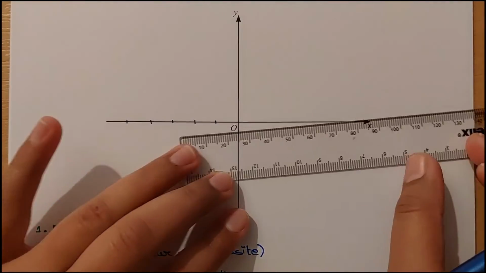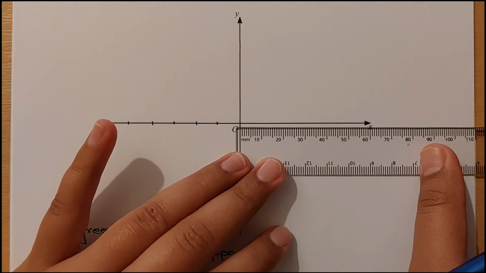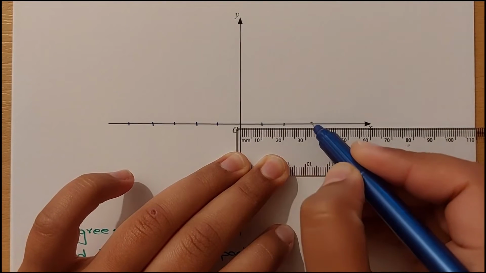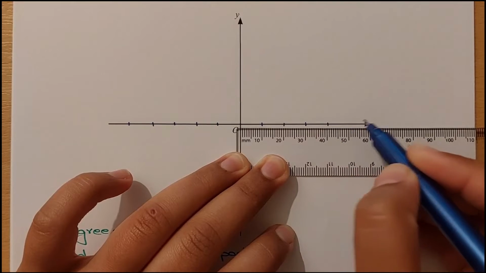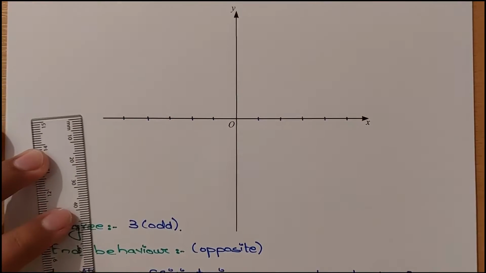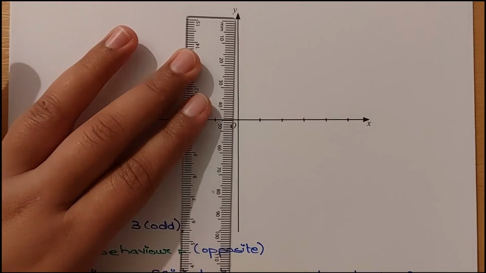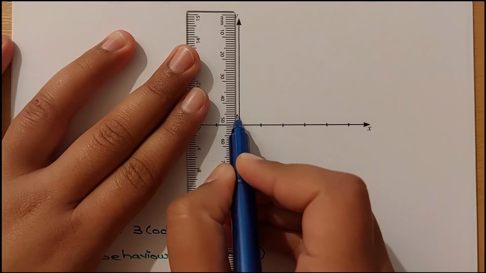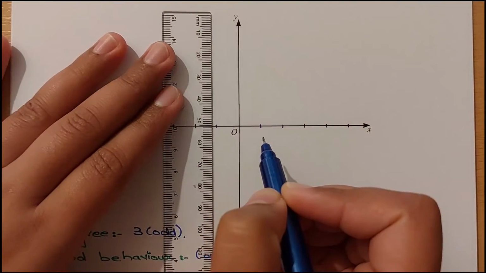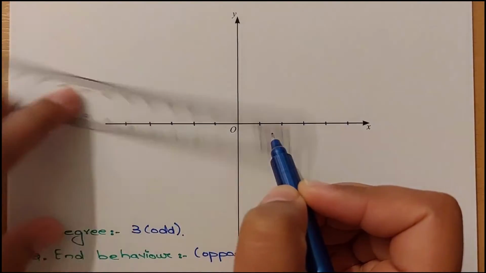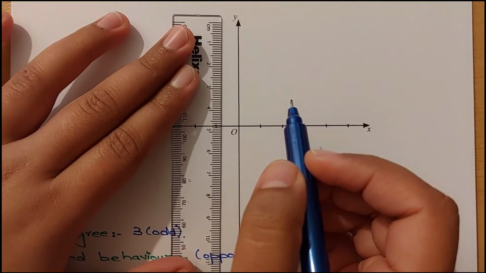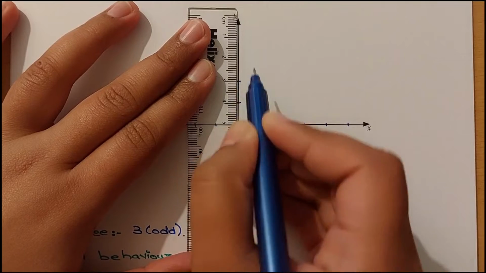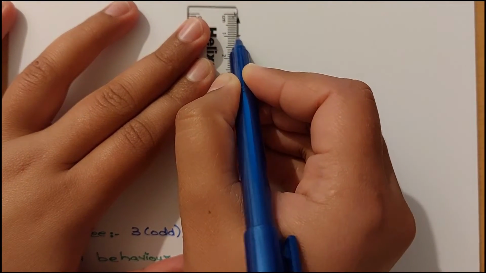Okay, now on this side we have x equals 1, 2, 3, 4, 5, and let me check the y values as well. 1, 2, 3, 4.